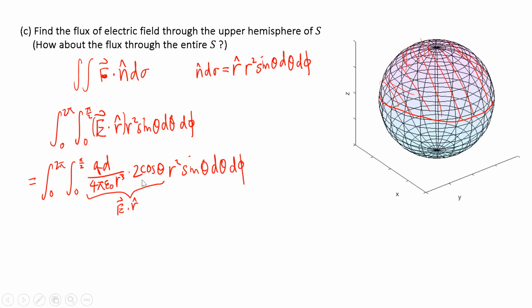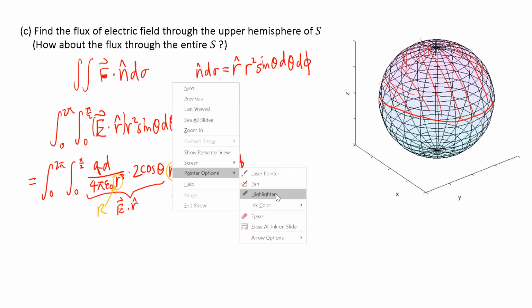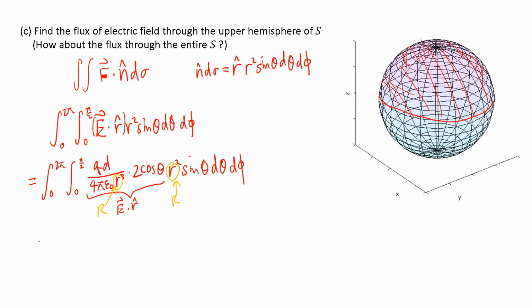Now we have some r variable in the integrand. Remember that we are staying on the spherical surface, so the r really is big R. Then I can just take out the common factor.